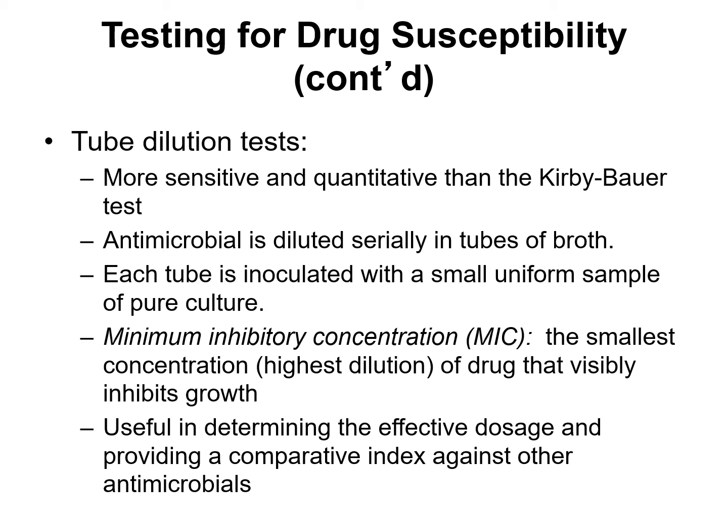And then you're going to have what's called the minimum inhibitory concentration, or MIC. This is the smallest concentration, which is the highest dilution, of a drug that visibly inhibits growth. It's useful in determining the effective dosage and providing a comparative index against other antimicrobials.